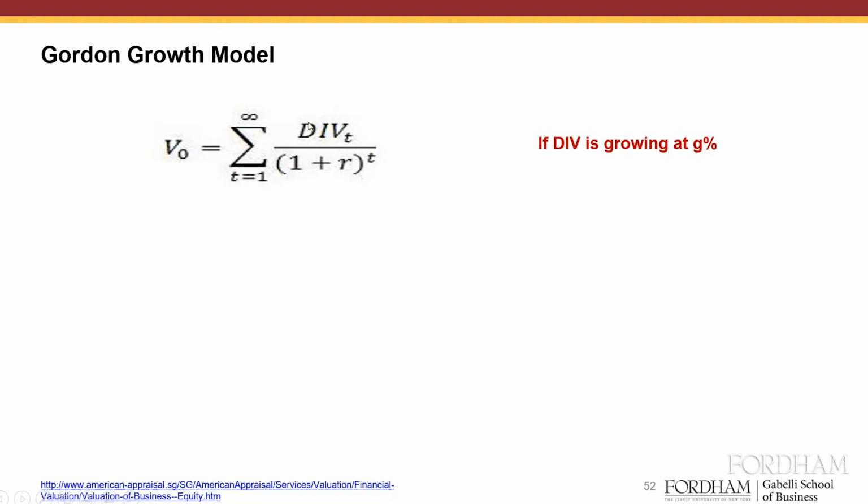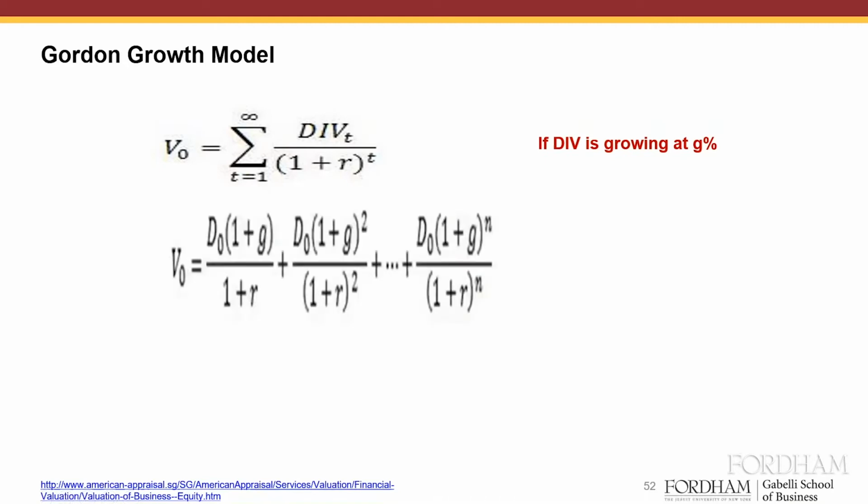And if dividend is growing at a certain rate, let's call it G percent, then we can simplify this even further by having the dividend at time 1 equal the current dividend multiplied by 1 plus G. Then in the second period, the current dividend multiplied by 1 plus G to the power of 2, and so on.